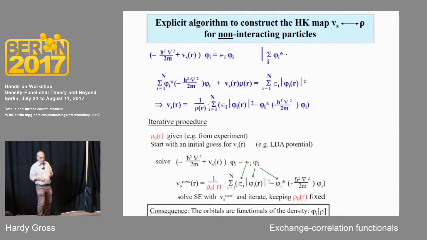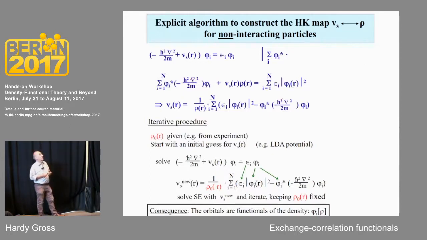So now let's define an iterative procedure that gives you, for non-interacting systems, the potential whose orbitals will then give you the prescribed given density. So that's the task. Given the density, what's the potential that yields this?